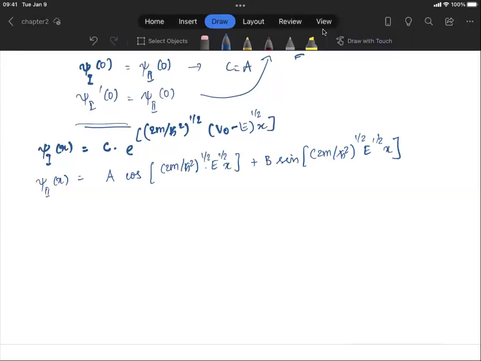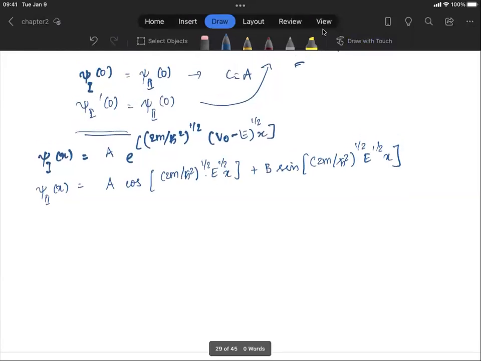So this is psi 2 and this is psi 1, and we know that C is equal to A, right? So I'm just going to remove C from psi 1 and write it as A.